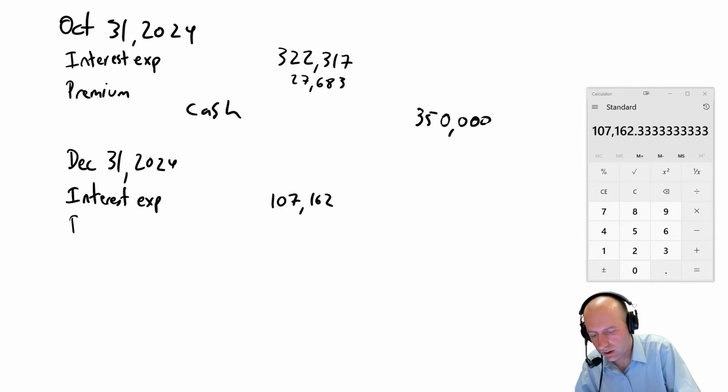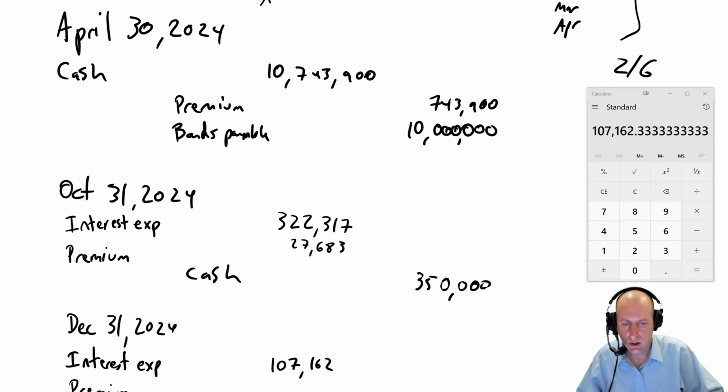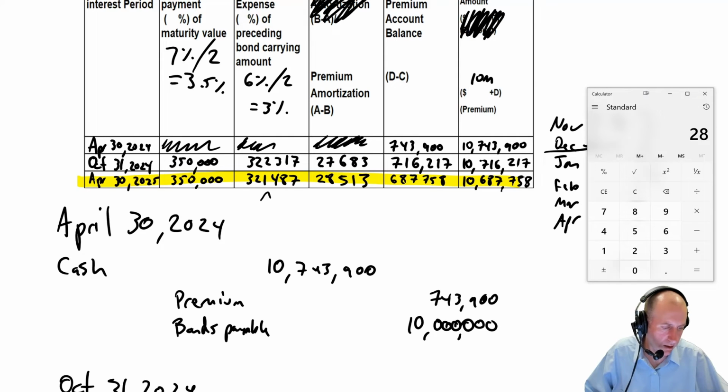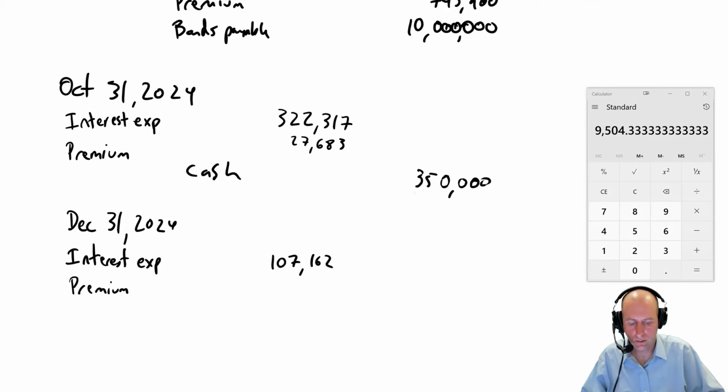Our premium amortization, which takes a debit, is 28,513 again times 2/6. 9504.